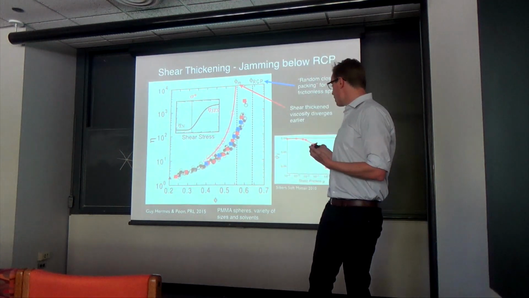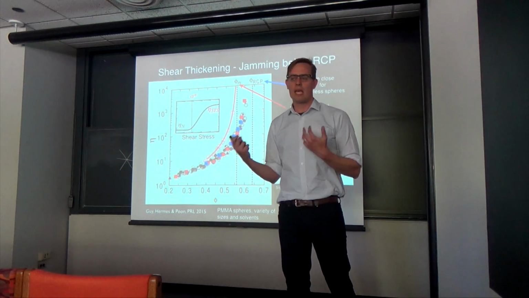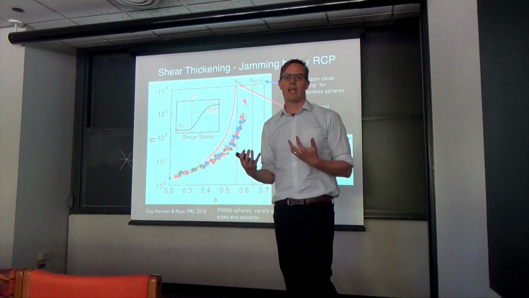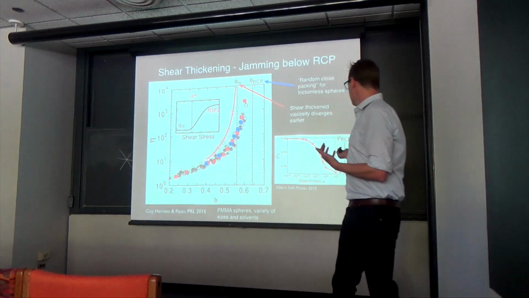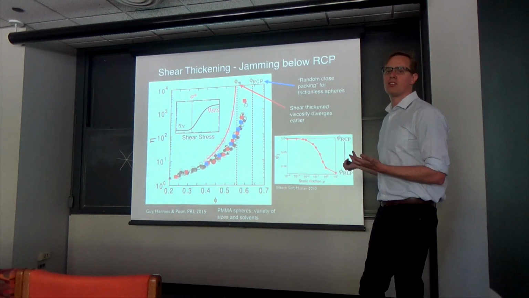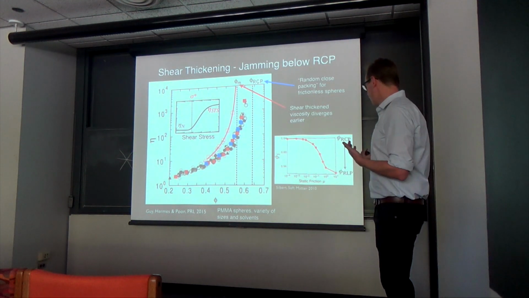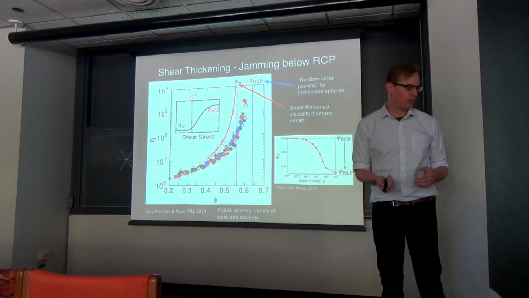But if you have friction between your particles, you can stabilize stable packings at much lower packing densities, down to what you call random loose packing, which depends on the friction coefficient between your particles.